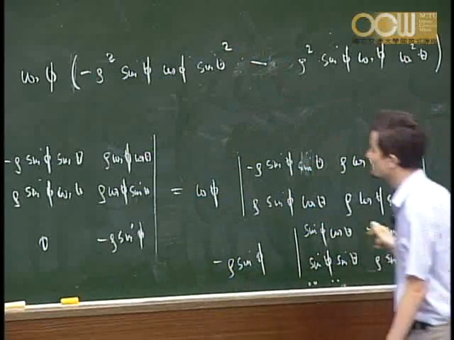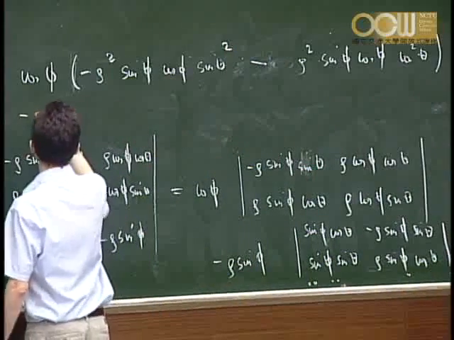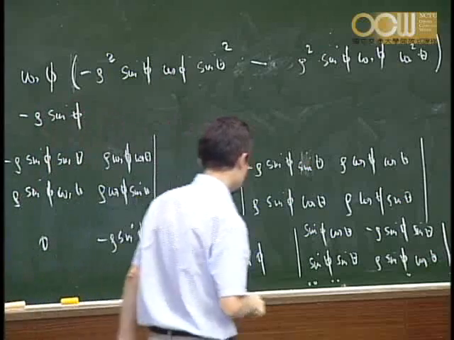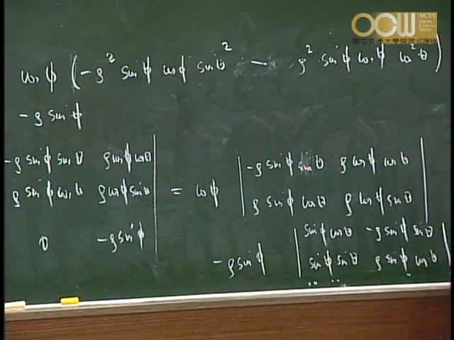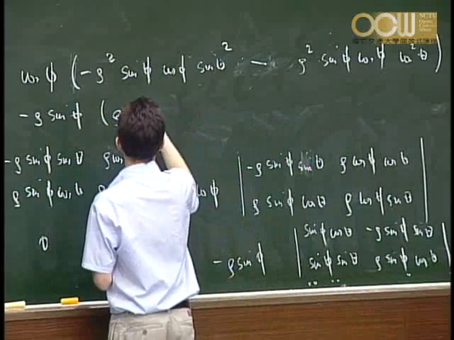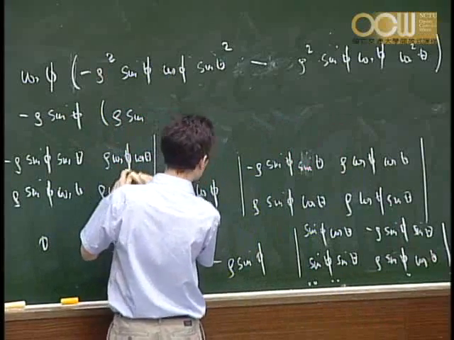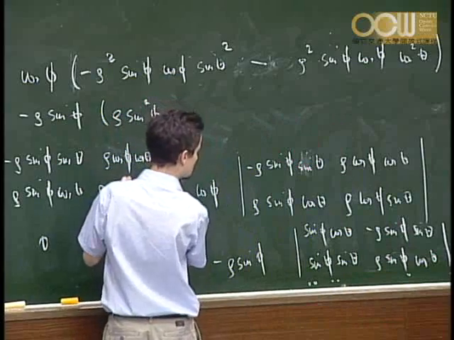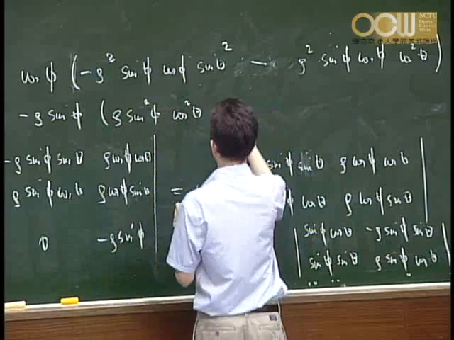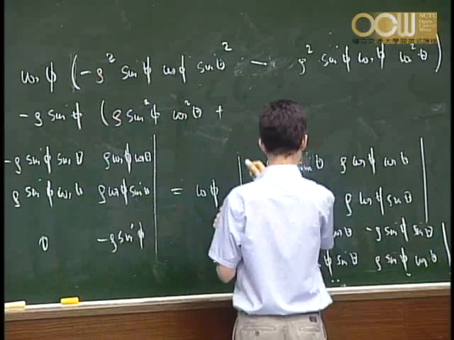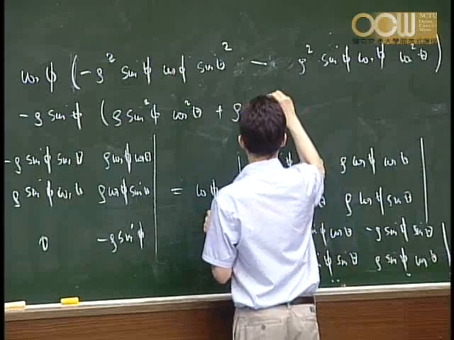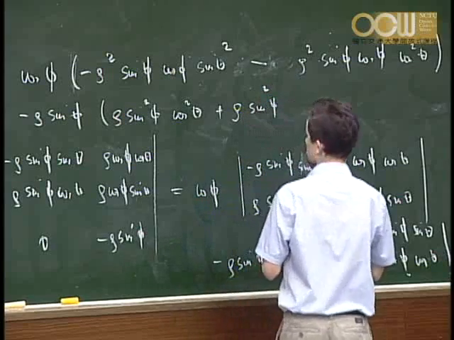Okay, so minus rho times sine of psi. And what do we have here? Actually, we could simplify this, but let's do it slowly. Rho times sine of psi square, and then we have cosine of theta square, plus rho times sine of psi square and sine of theta square.